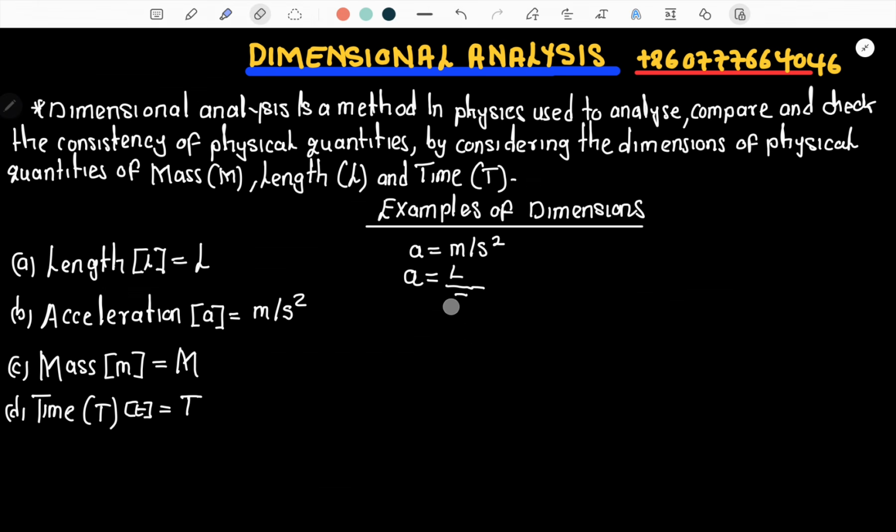That's very important for you to be able to really understand. So the dimensions of acceleration is simply L over T to the power 2, right? We go on further. How about the velocity? How do you find the dimensions of velocity?